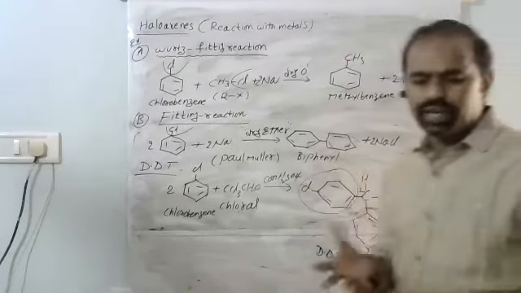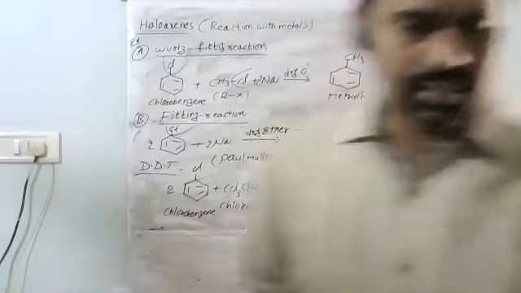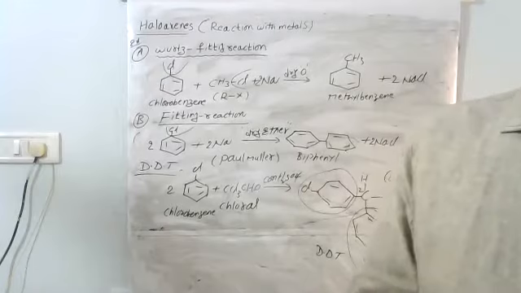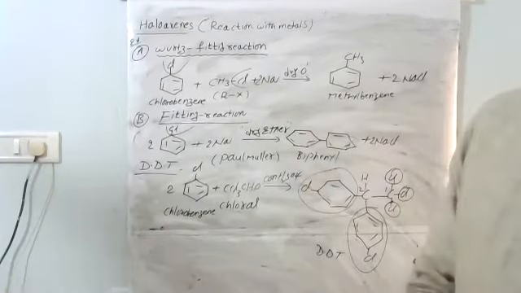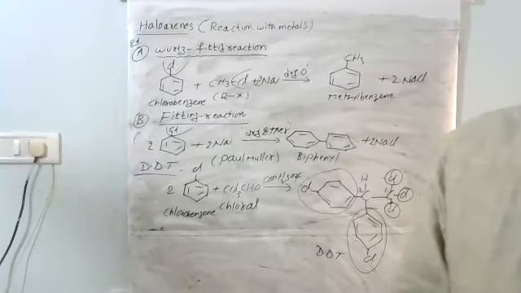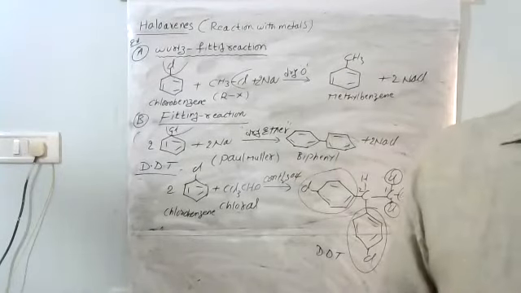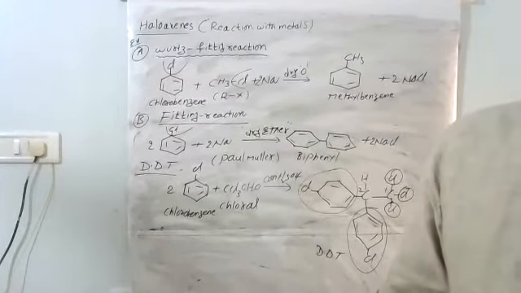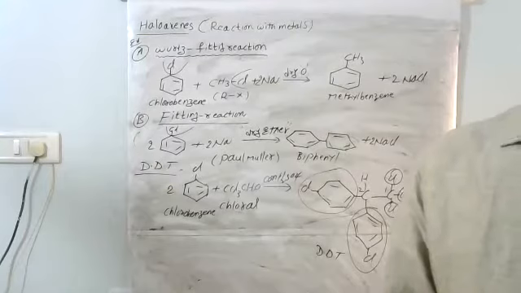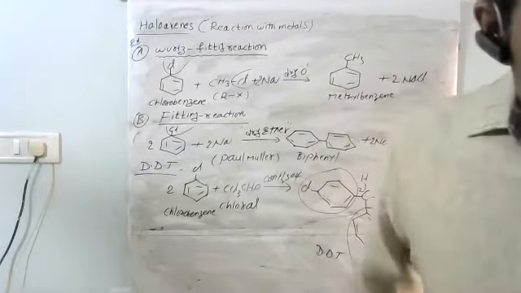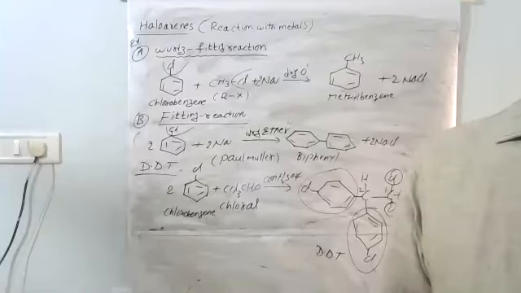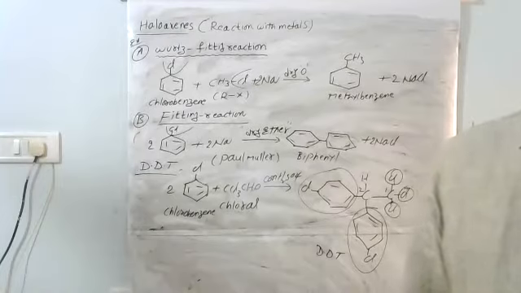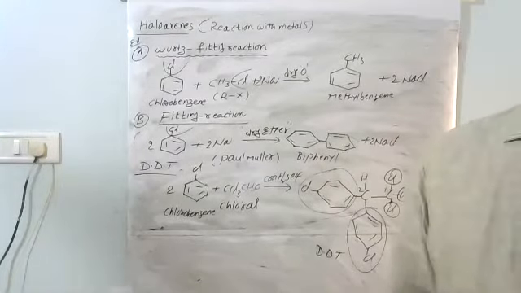Generally, what are the main uses of DDT? Only the important uses. DDT is a colorless, tasteless, odorless, crystalline compound.